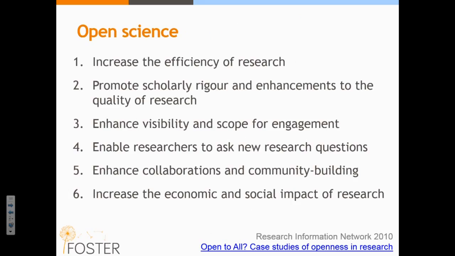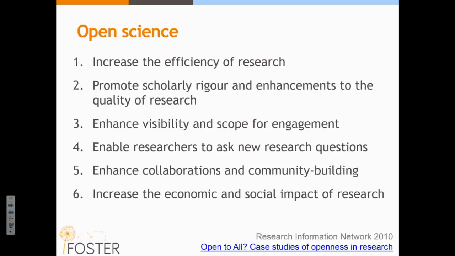So, coming towards the end of my short introduction to open science, these types of things have been attributed to the benefits of open science. And this is a bit of a recap of what I just told, but bear with me. So increasing the efficiency of research, obviously something that every researcher themselves should be interested in.